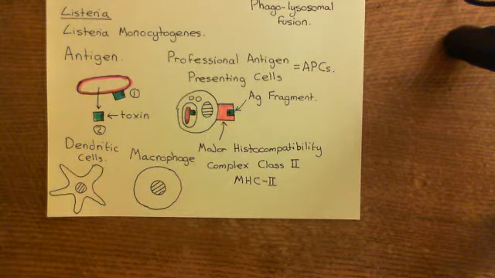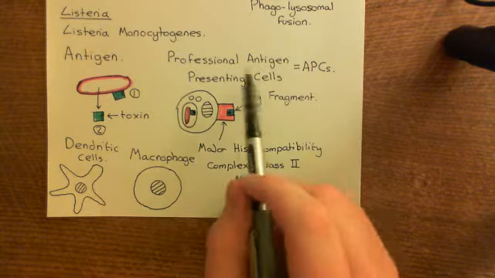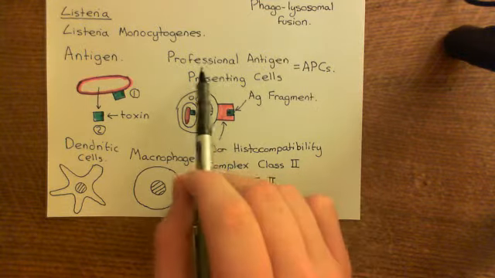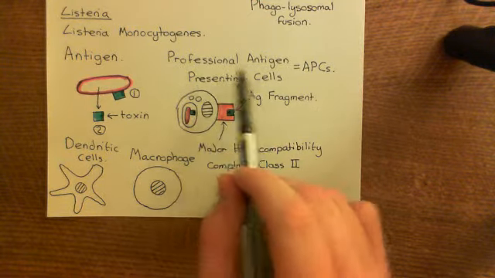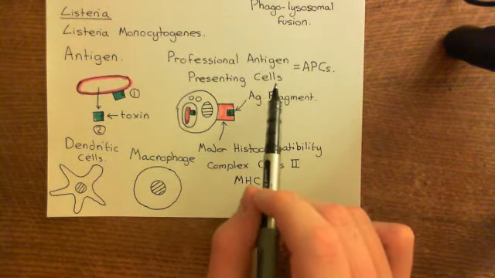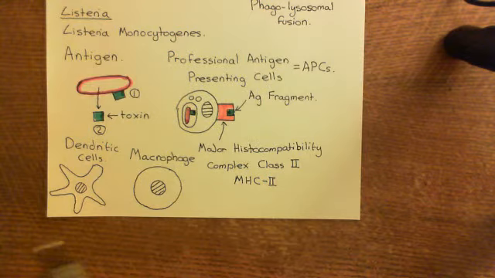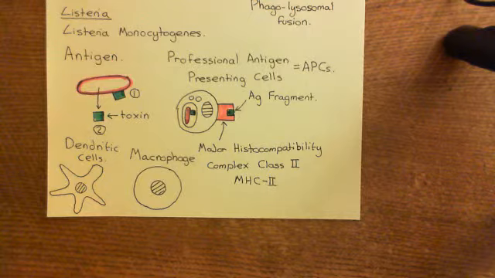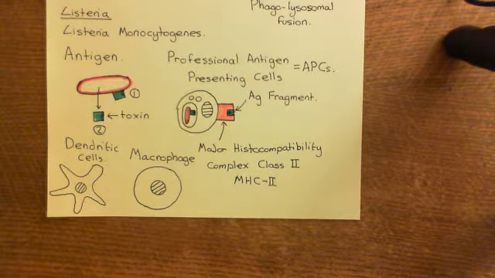The difference between a professional antigen presenting cell and just a normal cell, and I would just like to stress that when people say antigen presenting cell, they mean a professional antigen presenting cell. So you wouldn't describe a normal cell as an antigen presenting cell, okay? You would just say that it does antigen presentation, but its main role is not antigen presentation. Okay, its main role is maybe, you know, it could be a liver cell, so its role is in metabolism.